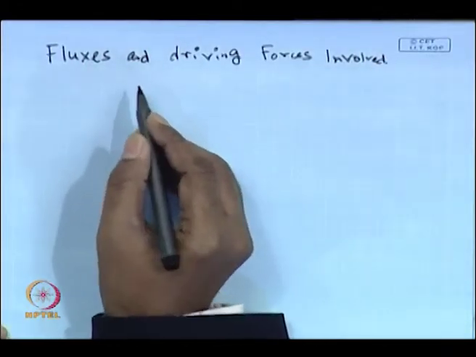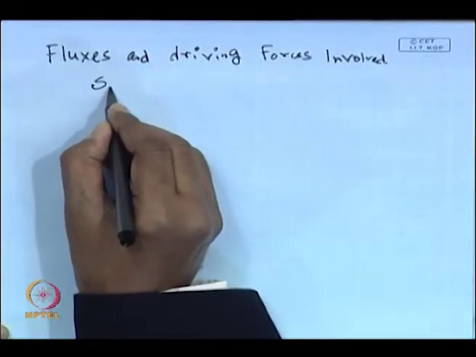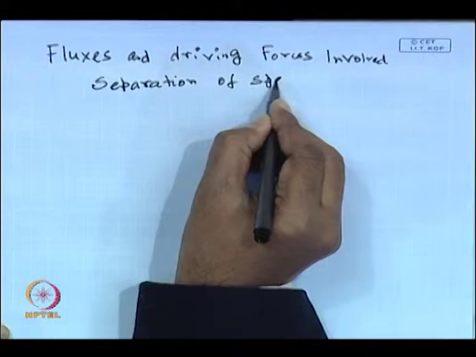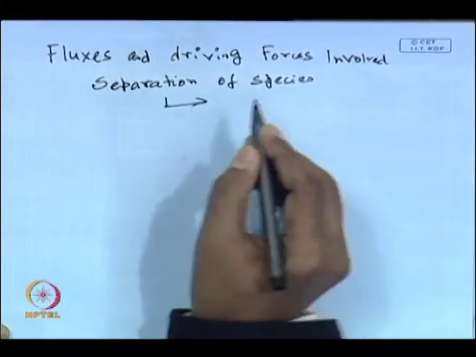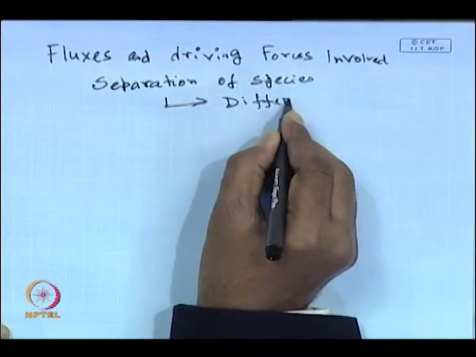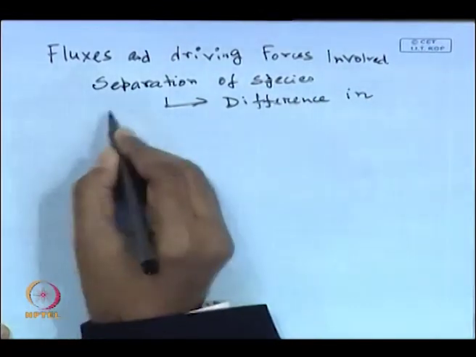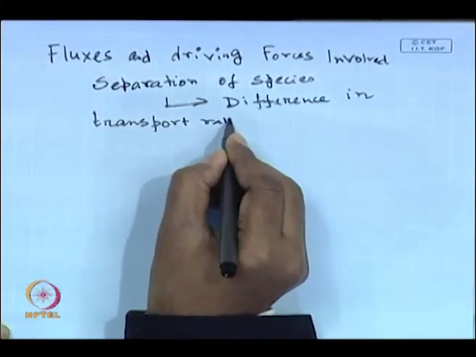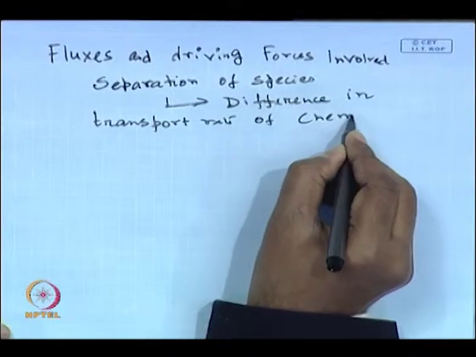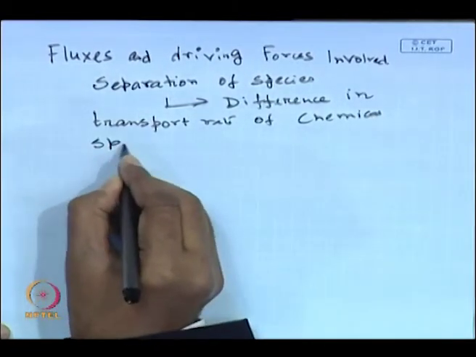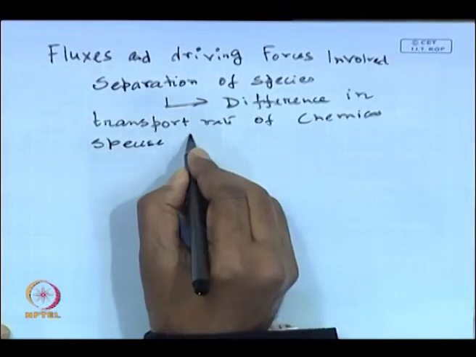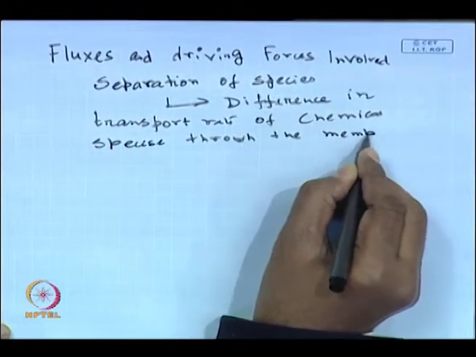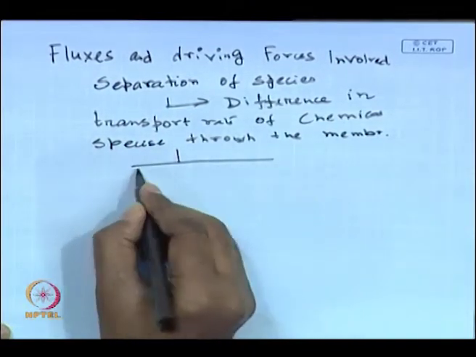Now, we already looked into the definition that separation of species occurs because of difference in transport rate of chemical species through the membrane. This depends on two factors.